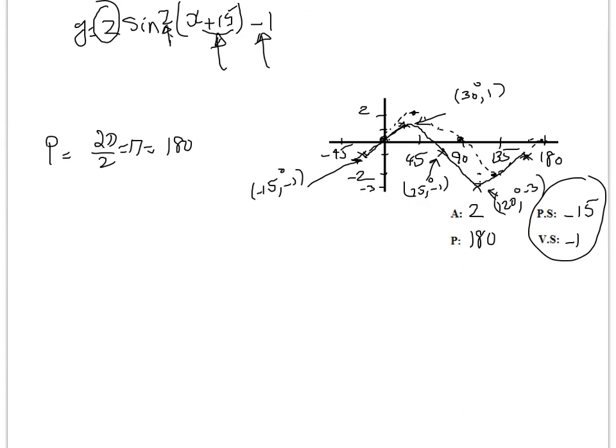Again, these are degrees. And finally, the last point is this one, which is the transformation of 180 and 0. So if I go 15 degrees left, I get 165, and 1 unit down, I get negative 1. Again, these are degrees.